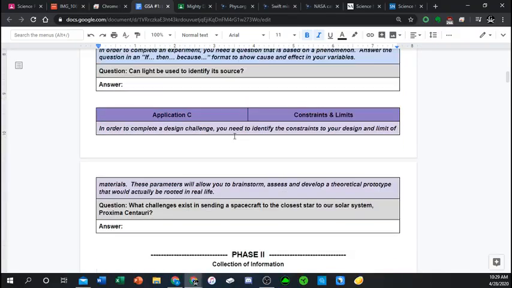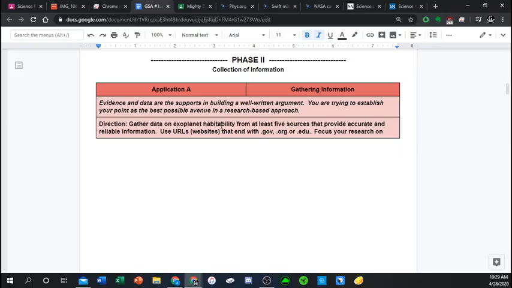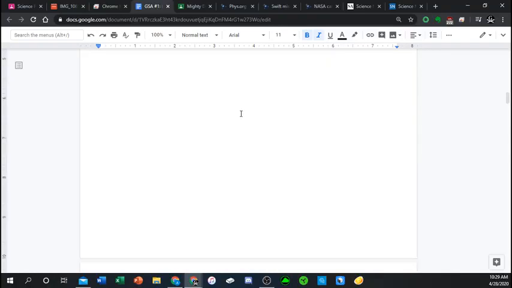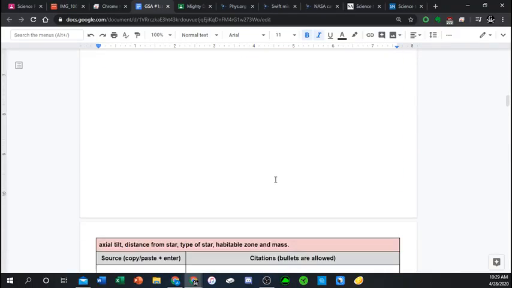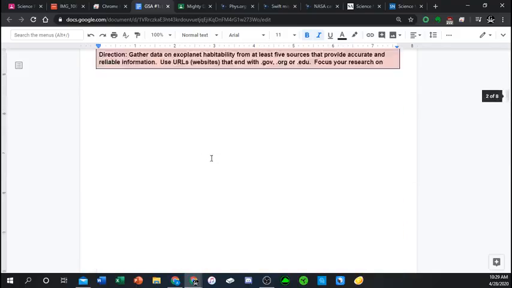Application A. You are starting phase 2 today. Evidence and data are the supports in building a well-written argument. You are trying to establish your point, your research, your idea, which is your claim, as the best possible avenue, best possible direction in a research-based approach. So what are your directions?